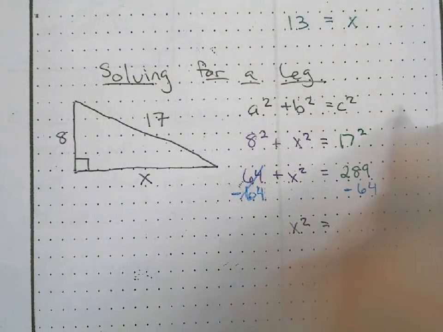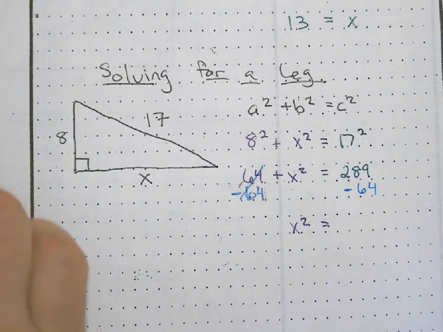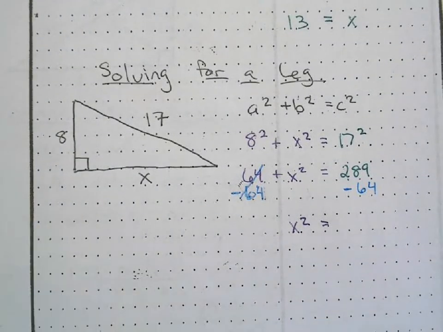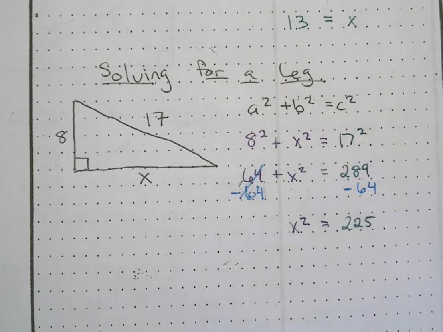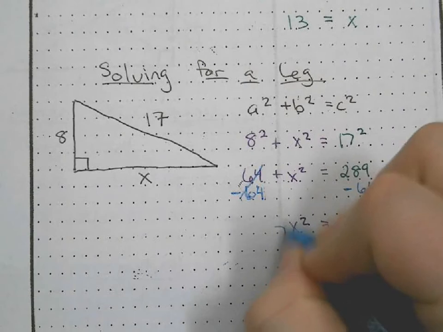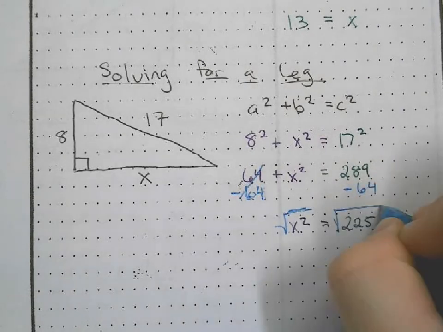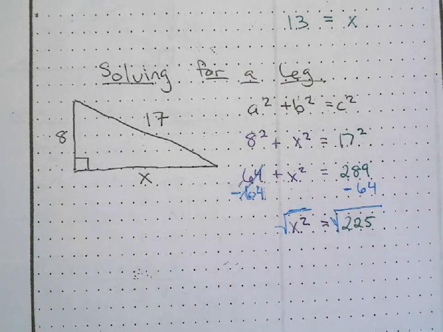We'll have x squared equals 289 minus 64. It's 225. And then we'll take the square root of both sides to get x by itself.